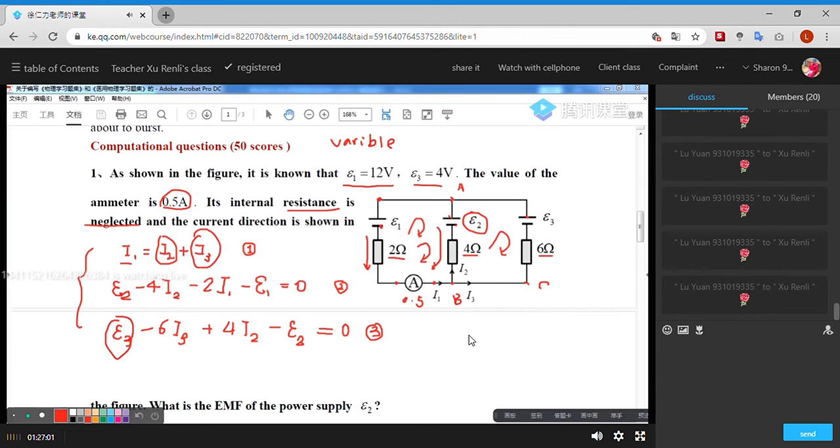These 3 variables we do not know. Fortunately, we have three equations, so we can solve them.